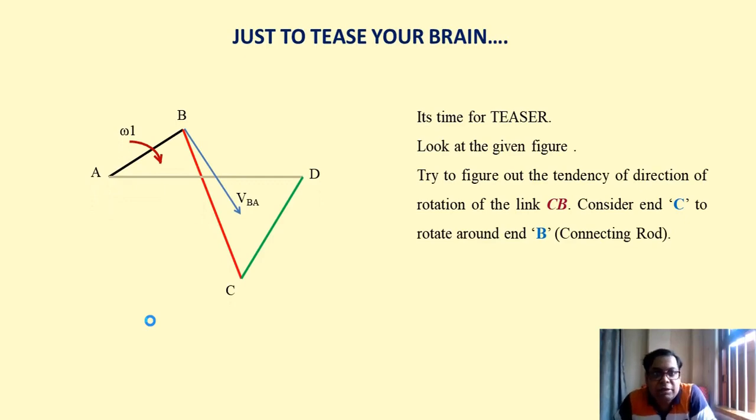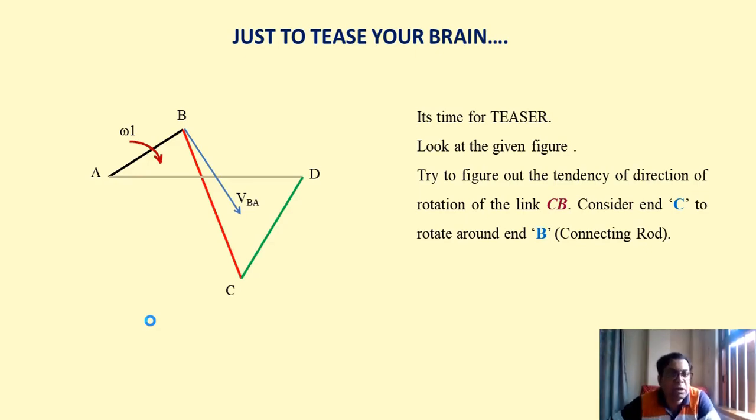Now just to tease your brain, look at the given figure. Try to figure out the tendency of direction of rotation of the link CB. Consider end C to rotate around the end B, that is with respect to B. If C is supposed to rotate, then what will be the sense of rotation?